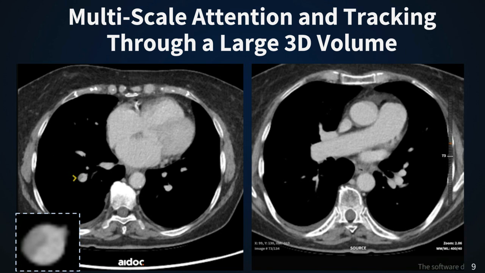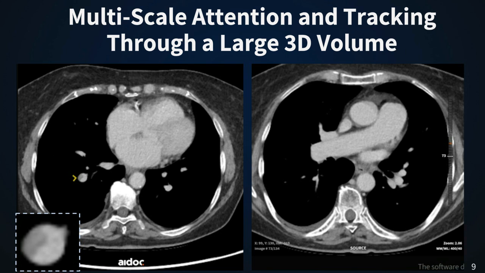And as a secondary classification stage, we give the algorithm only this very zoomed in image in order to classify if it indeed contains PE or not. But this is not the only thing we do. One of the drawbacks of doing only that, especially in scans with suboptimal contrast, is that by looking at this zoomed in image, we have no way of knowing if this blood vessel is an artery or a vein.